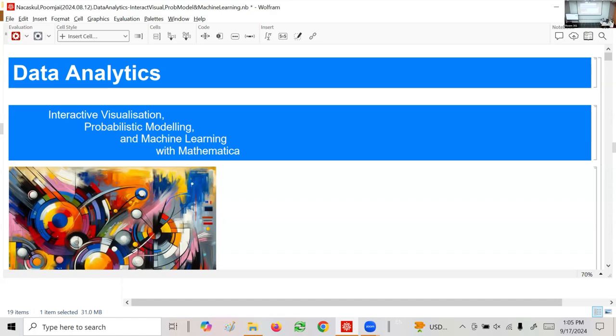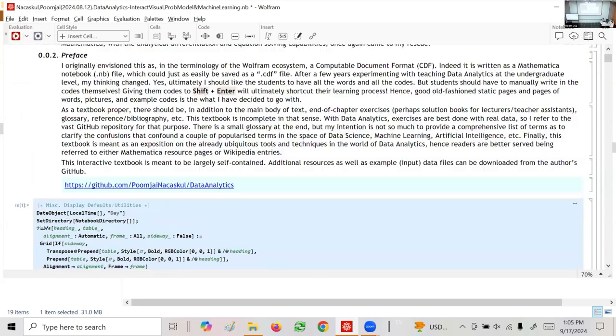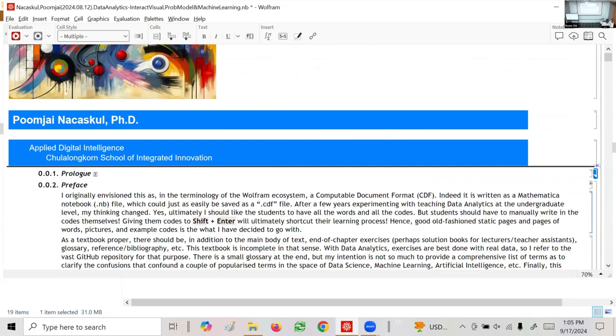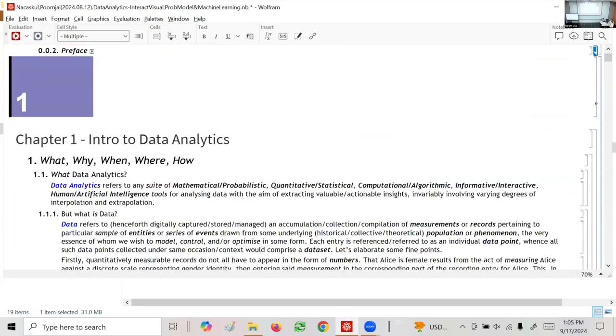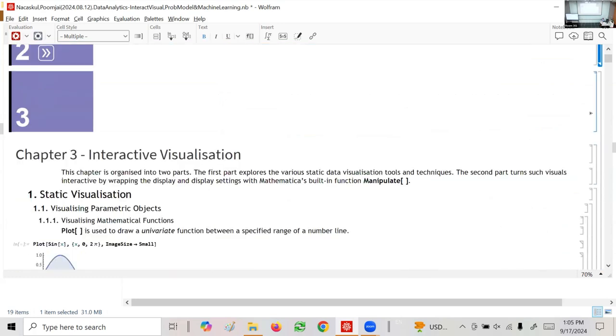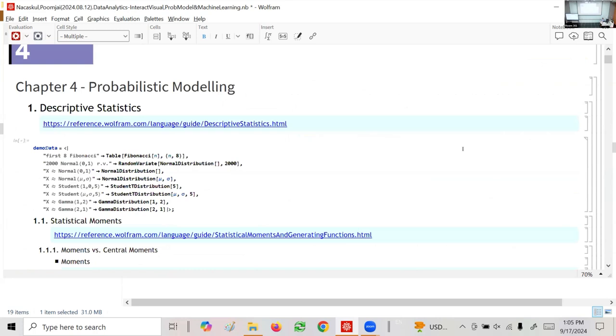Right. So last week we started on probabilistic modeling, all right?